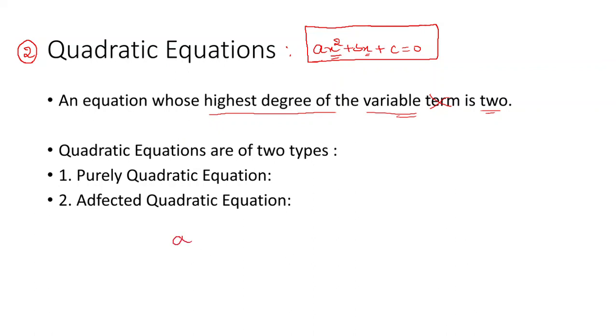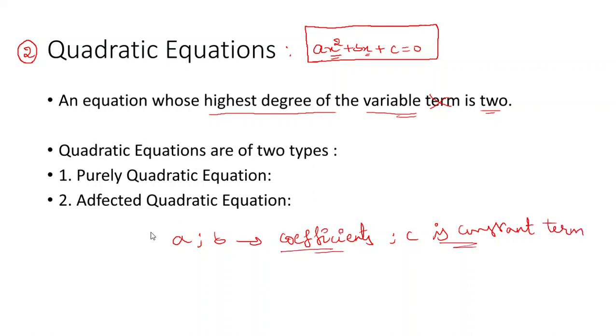We call a and b coefficients and c the constant term. a is the coefficient of x square, b is the coefficient of x, and c is the constant term.